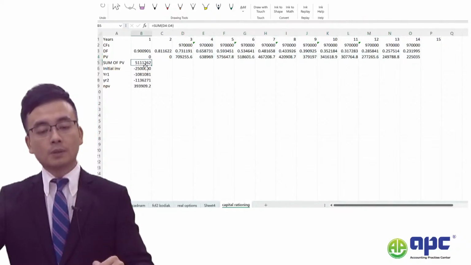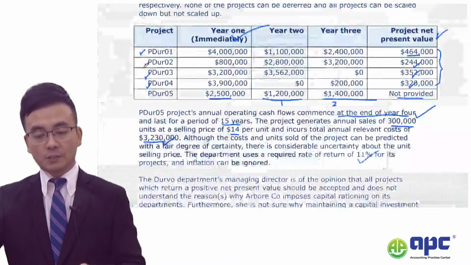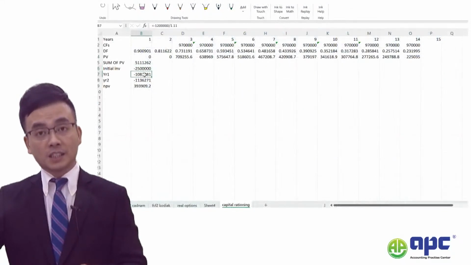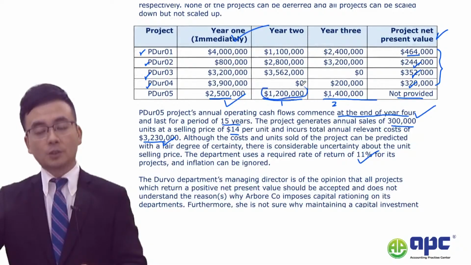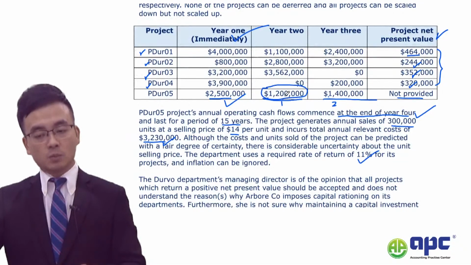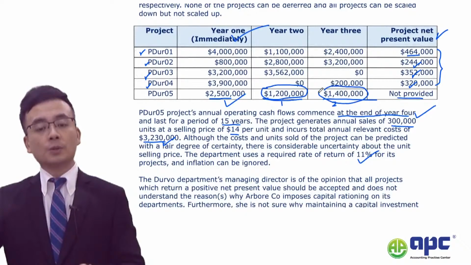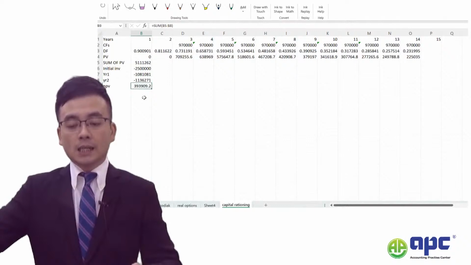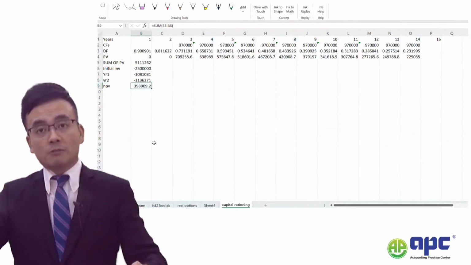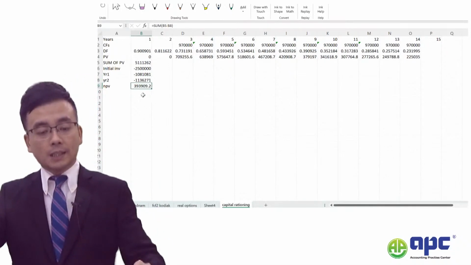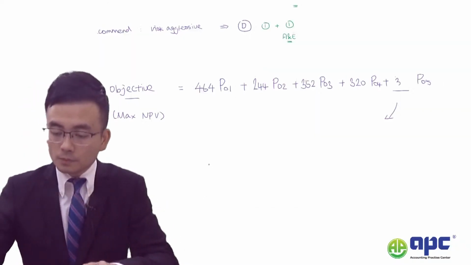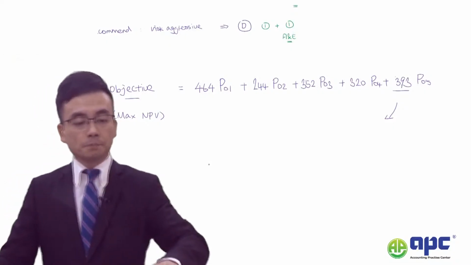Sum them up, minus the initial investment now of 2.5 million, and then year 1, which means the year 2 value, but discounted for year 1, discounted for year 2. That will give me the NPV. A bit different from the answer, but it's just a rounding problem. It's okay. It's 393. Okay, from the working here.